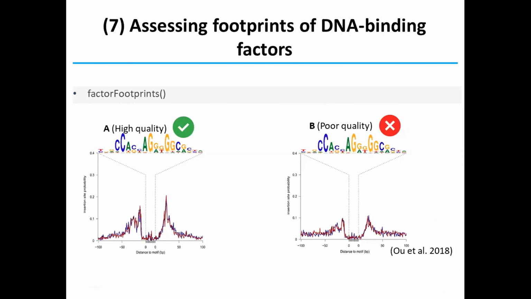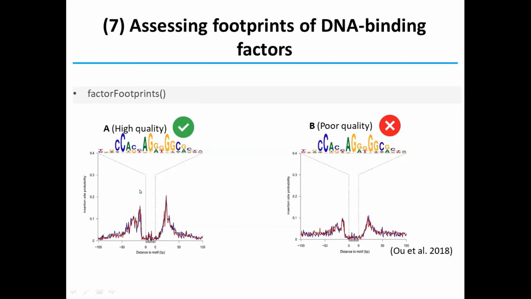So the transcription factor binding to the open chromatin region can interfere with the Tn5 transposition process, which leaves some footprint. Especially for the actively bound transcription factor, such as CTCF, we can use the factor footprints to visualize the footprint.